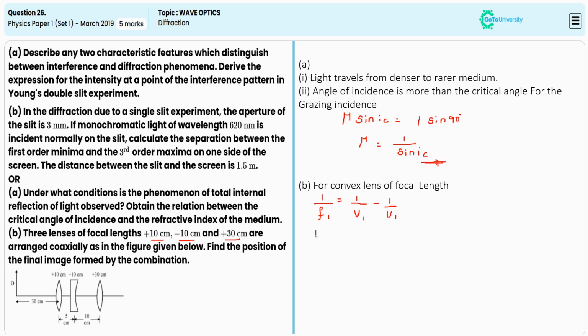Then substitute the values: 1 upon 10 is equal to 1 upon v1 minus 1 upon minus 30. We get the value v1 is equal to 15 centimeter.